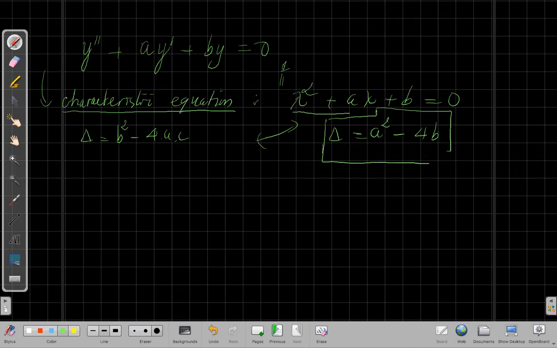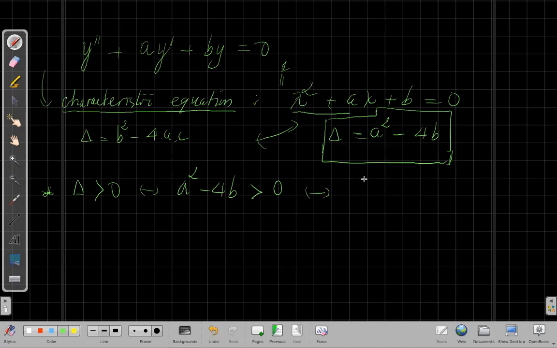So we have three cases. First, delta is positive, meaning a squared minus 4b is positive.